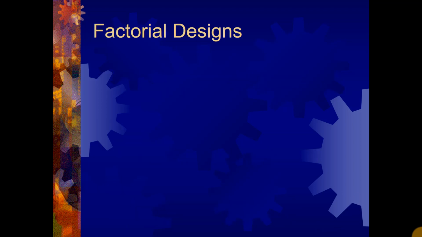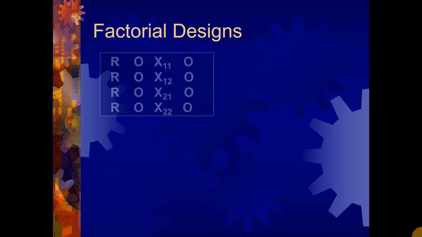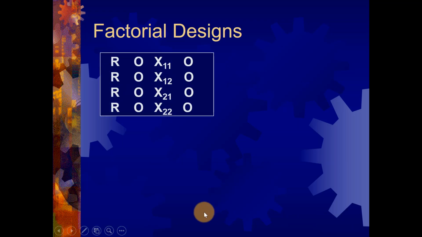And in terms of notation by way of the design box, it looks like this. Again, it looks complicated, I know, but just think of it this way, that this column is referring to factor 1, and this column is referring to factor 2. Sorry, I lost my alignment. There we go.